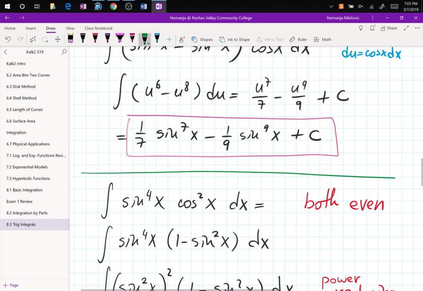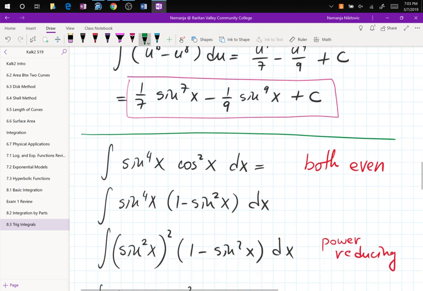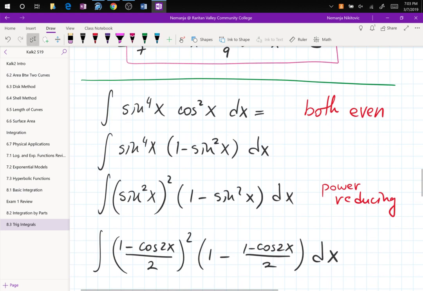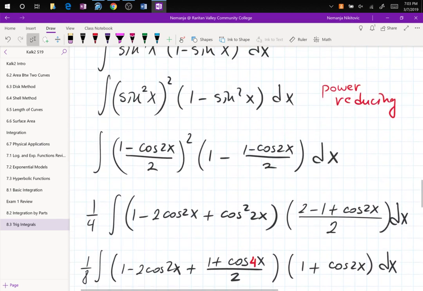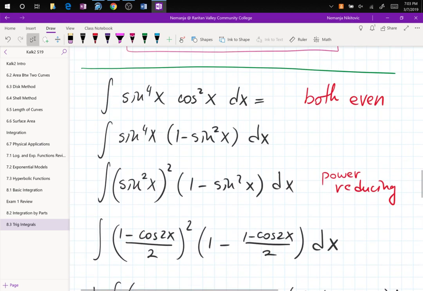So that is the easy one, but the other one is easy too, it's just annoying with algebra. The second one is both even, and that is where we get to do some algebra, because you get to convert these and then you get to keep hitting them with the power reducing.